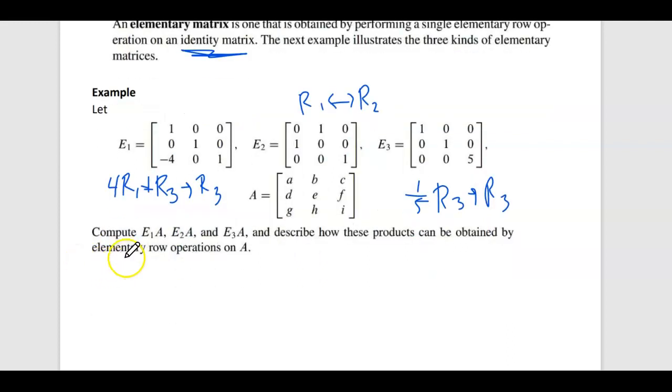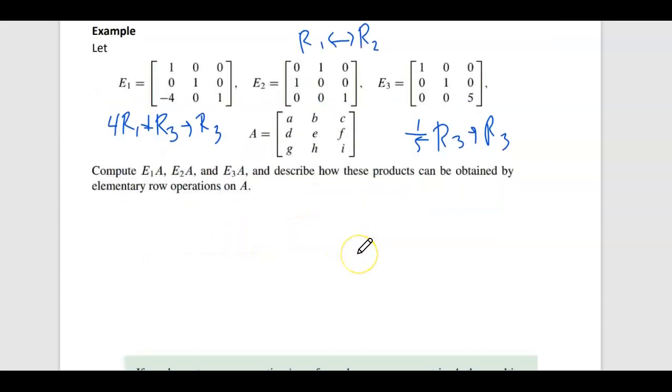In this example, it does want us to compute all of these times A. In this video, I'm just going to do the first one and show you where we're going with this.